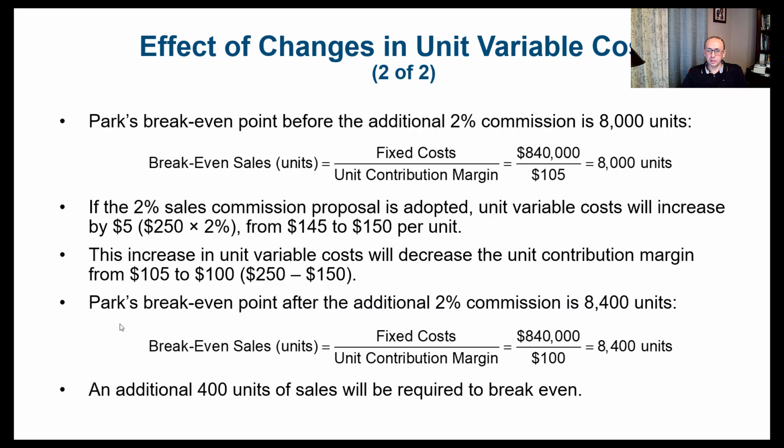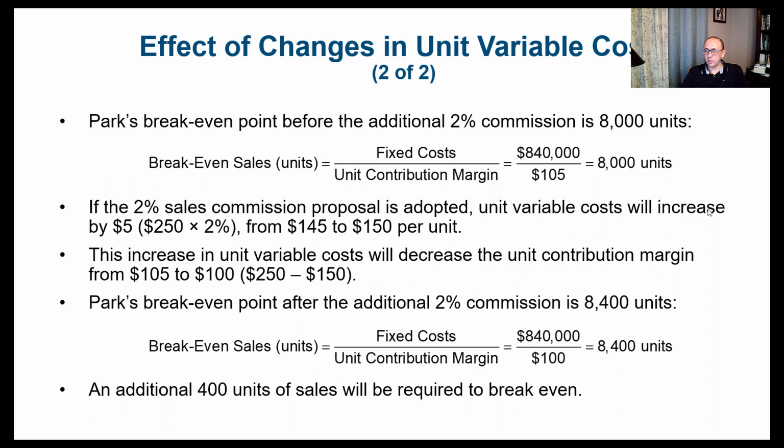So look at the new break-even in sales per unit. The fixed cost is $840,000, in units I mean. The $840,000, that's the fixed cost divided by our new or proposed unit contribution margin of 100, that would make it 8,400 units.